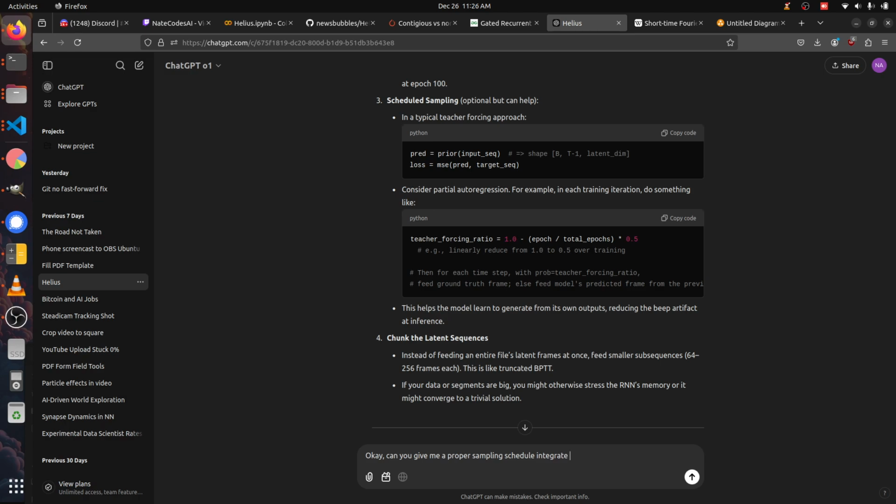Okay, so I wanted to integrate the scheduled sampling into train.py. So I'm going to wait on the sampling schedule integrated in train.py.